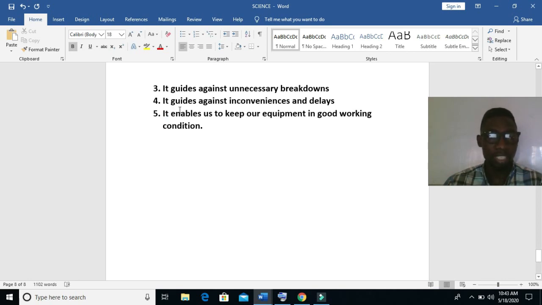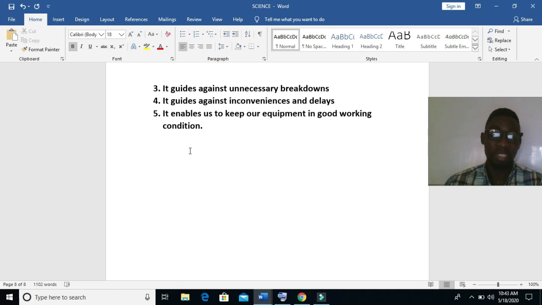Number four says it guards against inconveniences and delays. Alright, when there's a breakdown, obviously there will be a delay in work. So to avoid that or to guard against that, we need to maintain. So maintenance guards against inconveniences and delays. And finally, number five, it enables us to keep our equipment in good working condition.